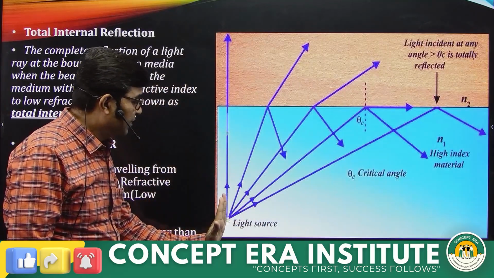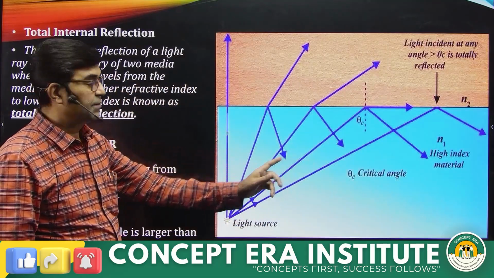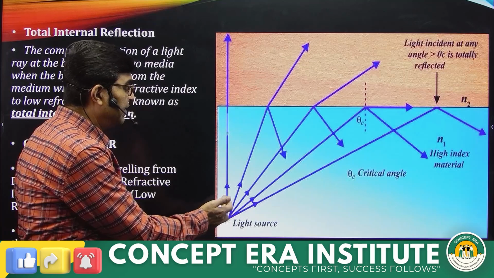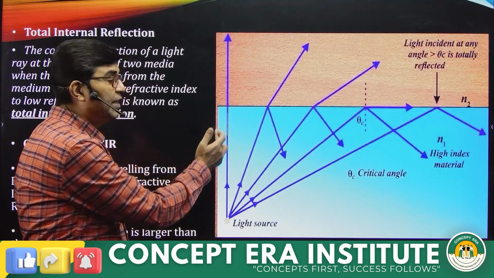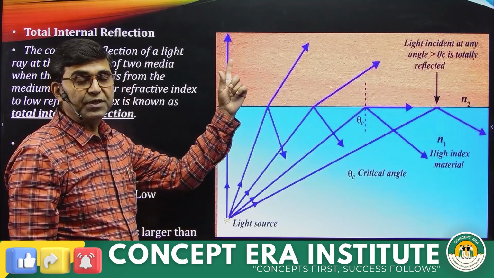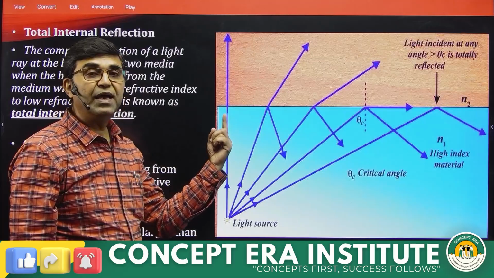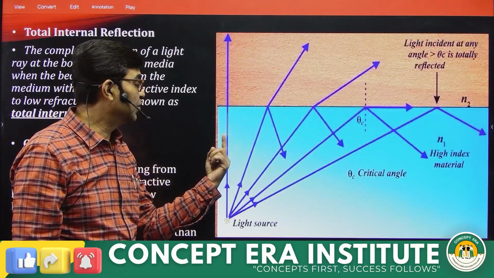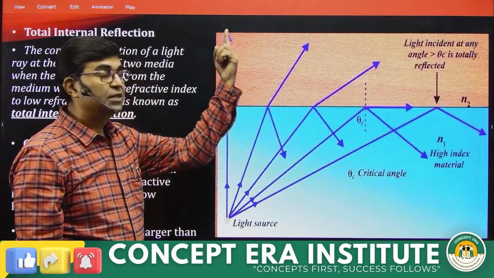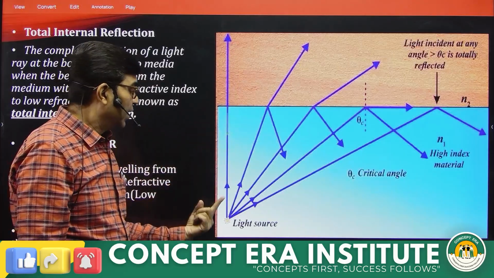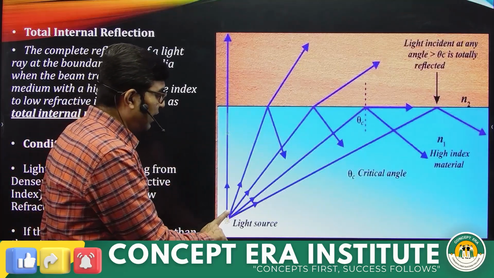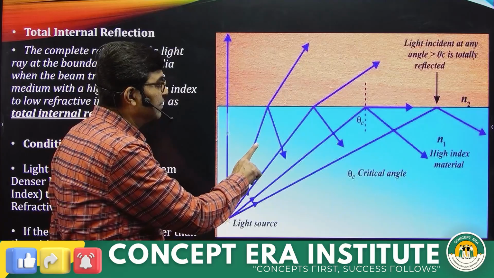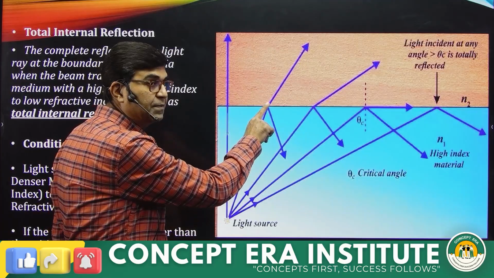Let's take 4 cases here. One, when the light is incident on the boundary perpendicular to it. Then the angle of incidence will be 0, so the angle of refraction will also be 0, and the light will emerge straight. Now, the second case, light is incident obliquely.